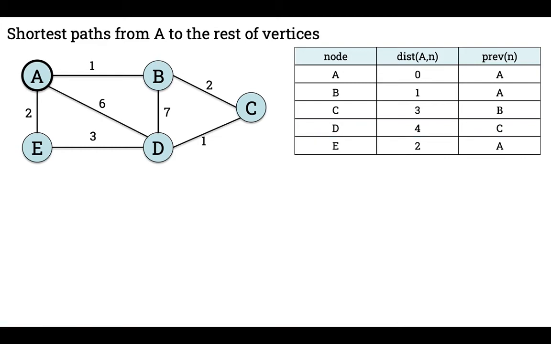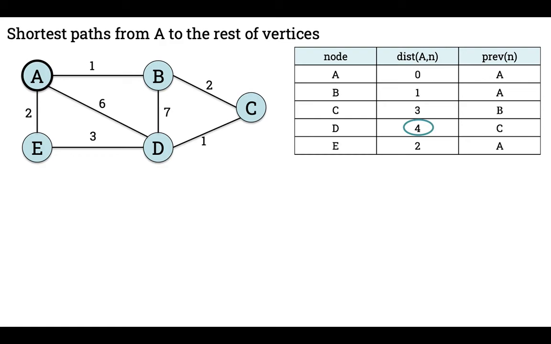Now, the routing table is complete and we can obtain the length of the shortest path from node A to any other node in the graph just looking at the number in the second column. For example, the shortest route from A to D is 4.